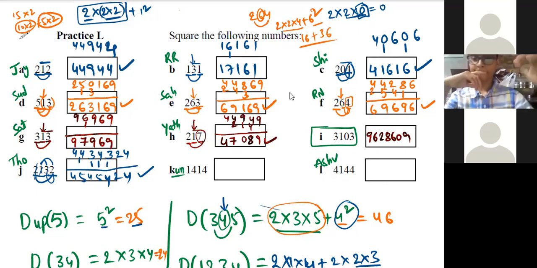Yes, sir. 4 square is 16. Then 41: 2 into 4 into 1 is 8.